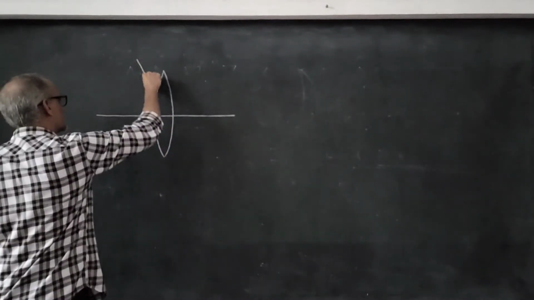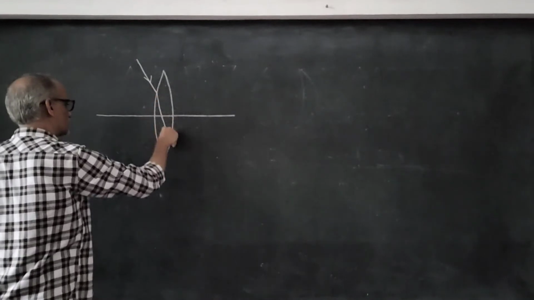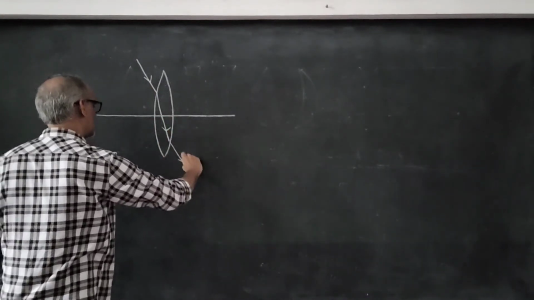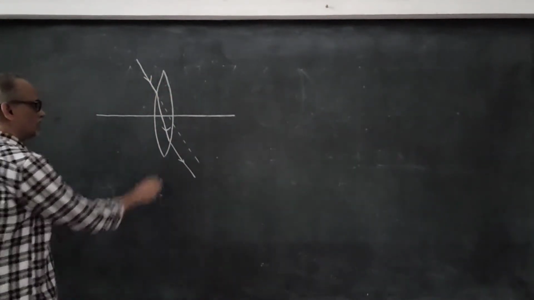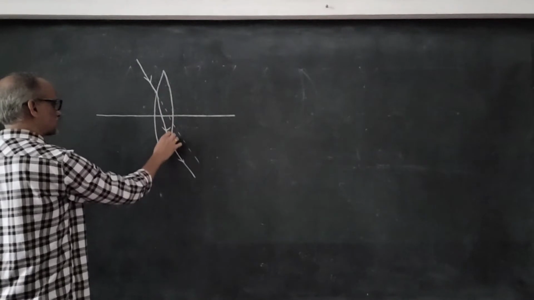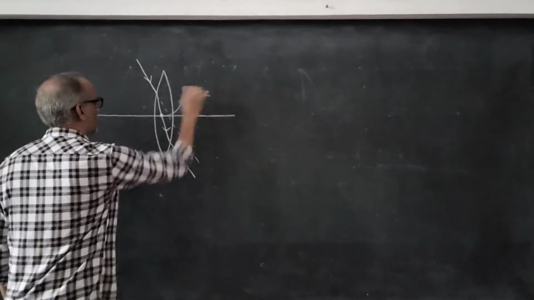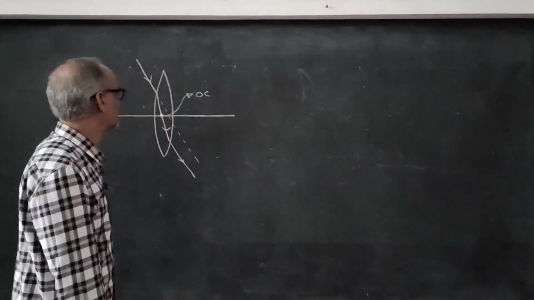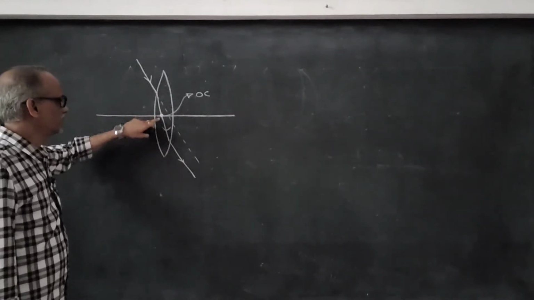When we take an incident ray on one of the faces, after the refraction through the lens, it emerges parallel to the incident ray. Then the ray which cuts the principal axis inside the lens, this is called the optic center of the lens. So optic center of the lens is a point inside the lens where the refracted ray cuts the principal axis.